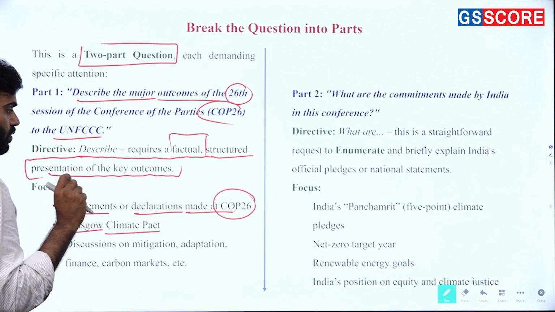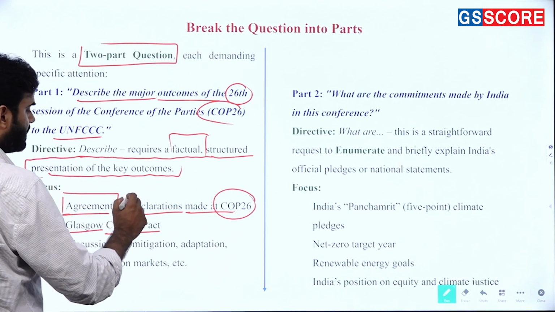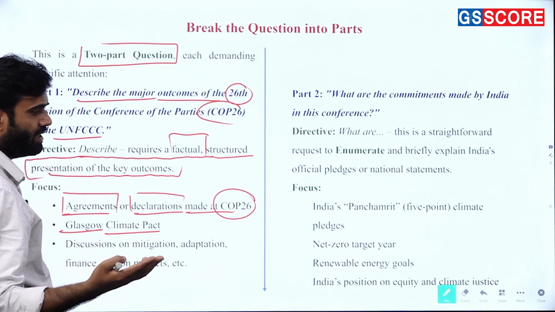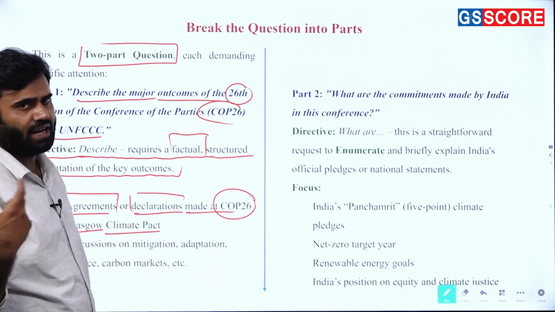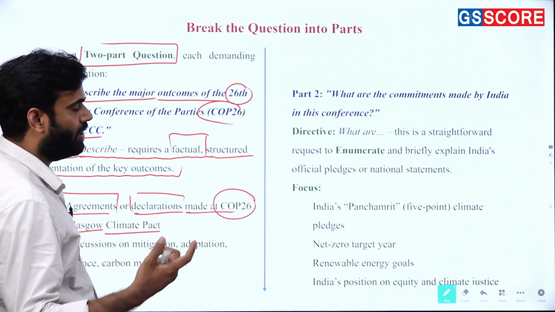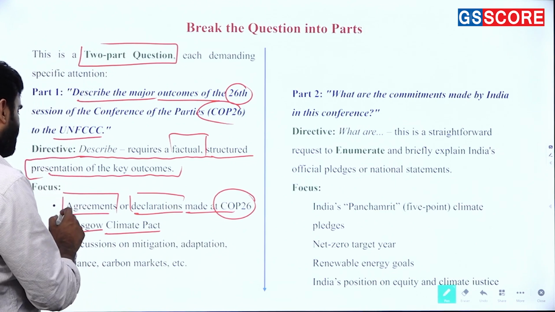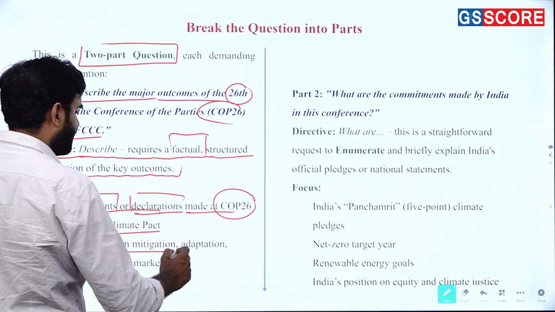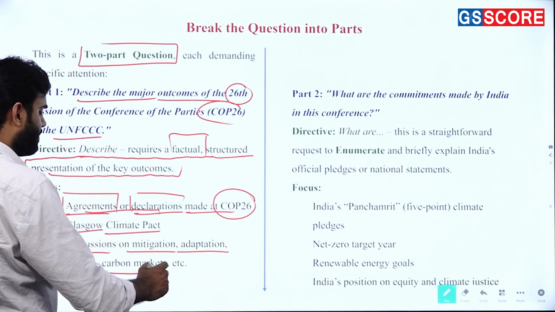So first of all, you can mention the agreements and declarations made by COP26. जब भी कोई समिट होता है तो लास्ट में हम ये देखते हैं किस तरह का एग्रीमेंट हुआ है और क्या कमिटमेंट्स, डिस्कशन क्या क्या हुआ, ये सारी चीजें हैं. Glasgow Climate Pact, discussion on mitigation, adaptation, finance, carbon market, etc.